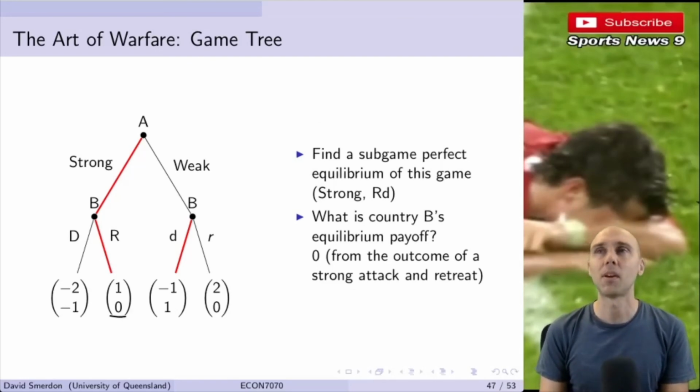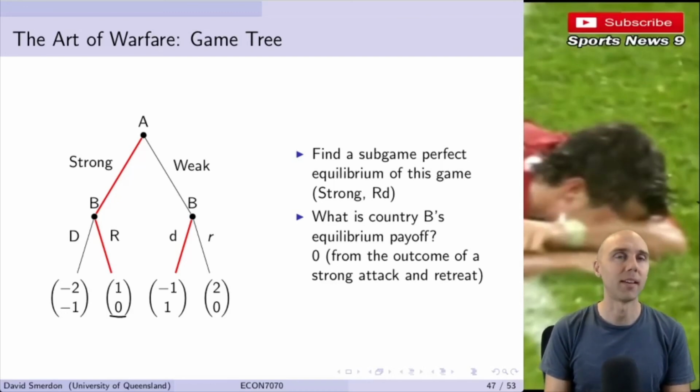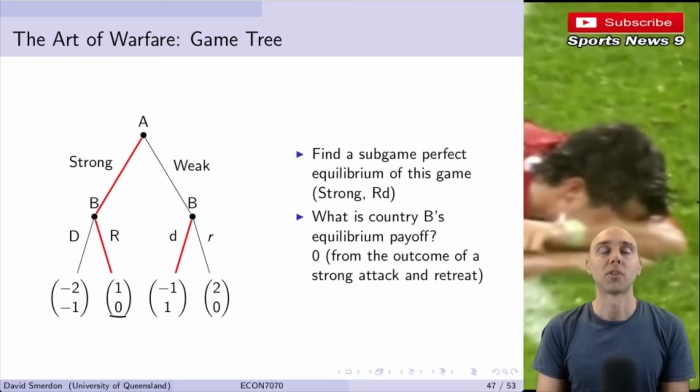Actually, this situation has been seen in many different contexts throughout history, throughout warfare, and several generals have come up with very smart solutions to this problem. So country A is deciding whether or not to launch a strong attack or a weak attack. I want you to think of something that country B can do before country A decides.